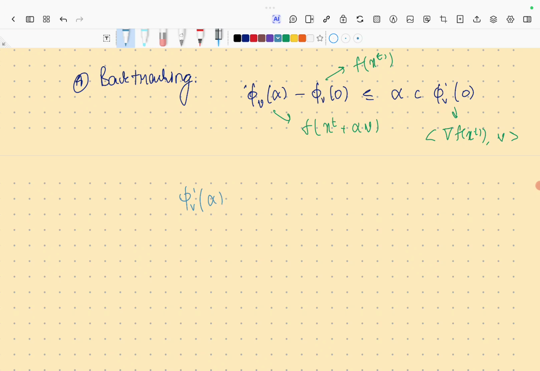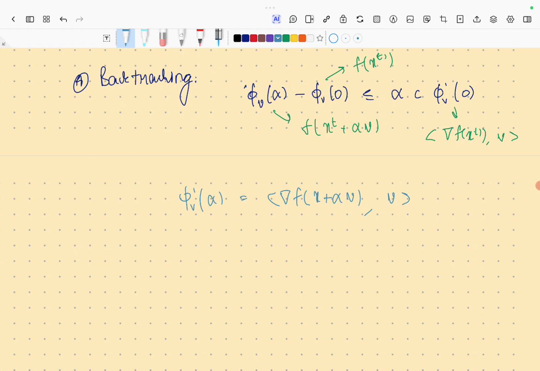so phi v prime of any alpha. This is equal to, by the chain rule, the gradient of f evaluated at x plus alpha times v times the derivative of x plus alpha times v, which is this.